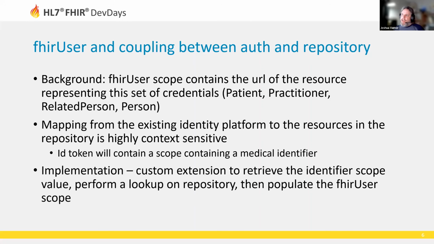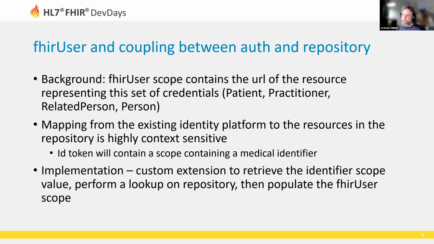In particular, the FHIR user scope contains the URL of the resource that represents that set of credentials: patient, practitioner, or related person. Those get into the weirder corner cases, but typically patient or practitioner. Since that's showing up as a scope in your authorization, that means the authorization server and the repository have to be able to know a lot of detail about each other.